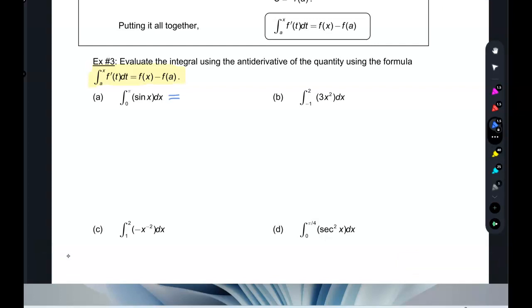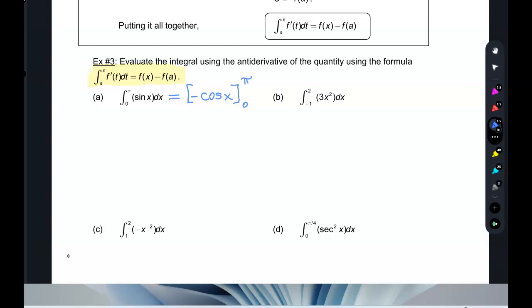So according to our antiderivatives, what is the antiderivative of sine? Negative cosine. Now I'm going to write it out like this. I'm going to put brackets, and I'm going to put 0 at the bottom, pi at the top. So this means I want to evaluate negative cosine of x.